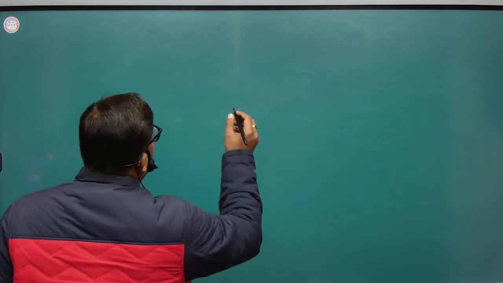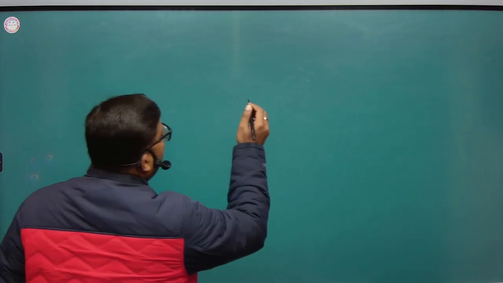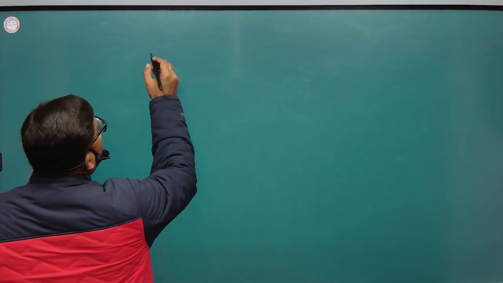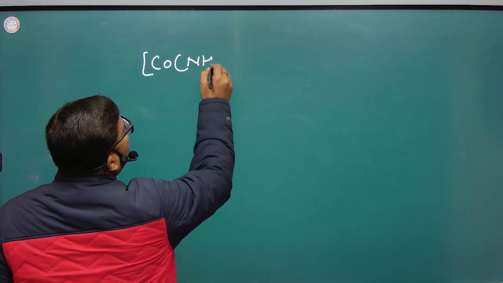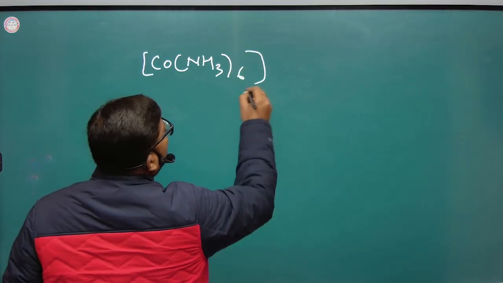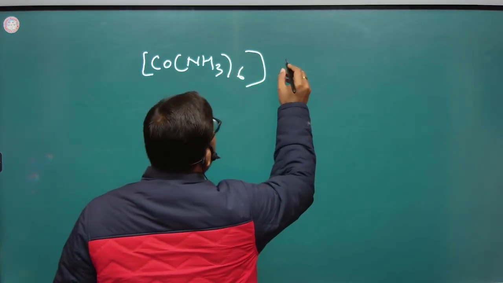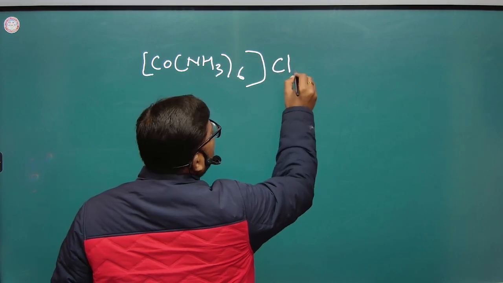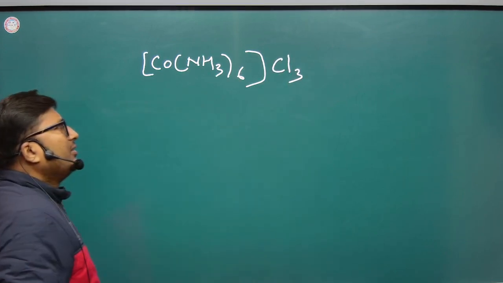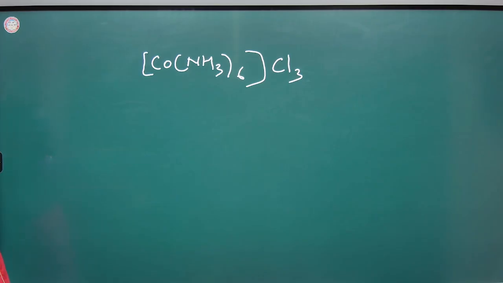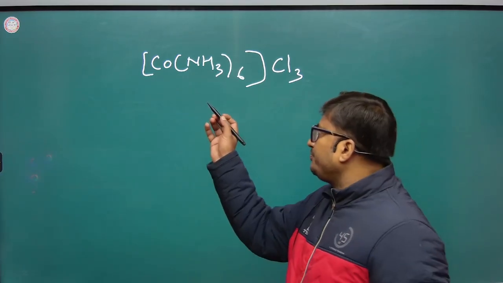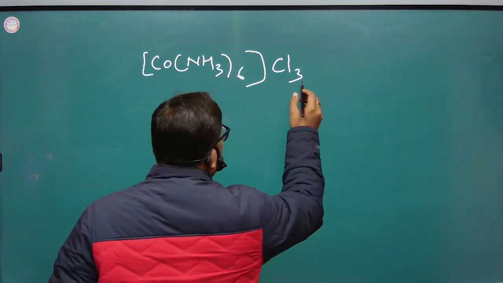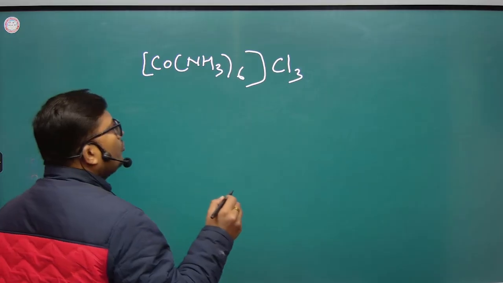Okay, so what happens next? Now suppose we have a complex compound like Co(NH3)6 Cl3. The counter ion may be on either the left side or the right side of the bracket. Here the counter ion is chlorine.